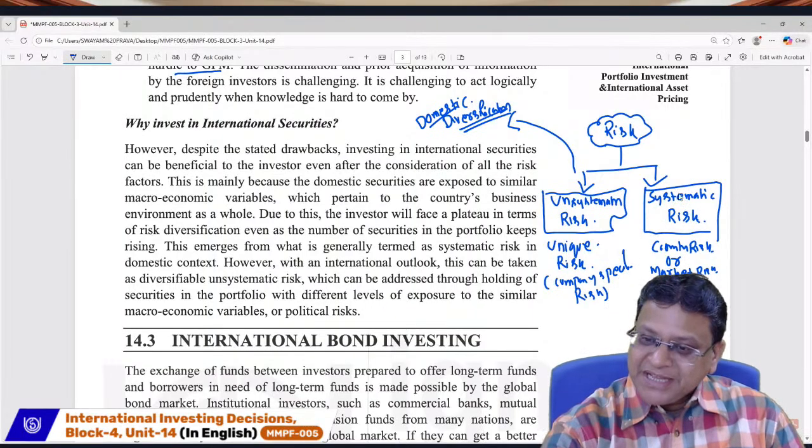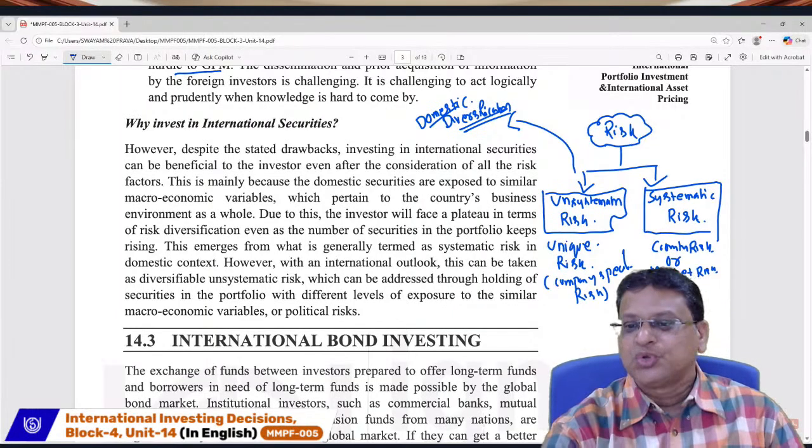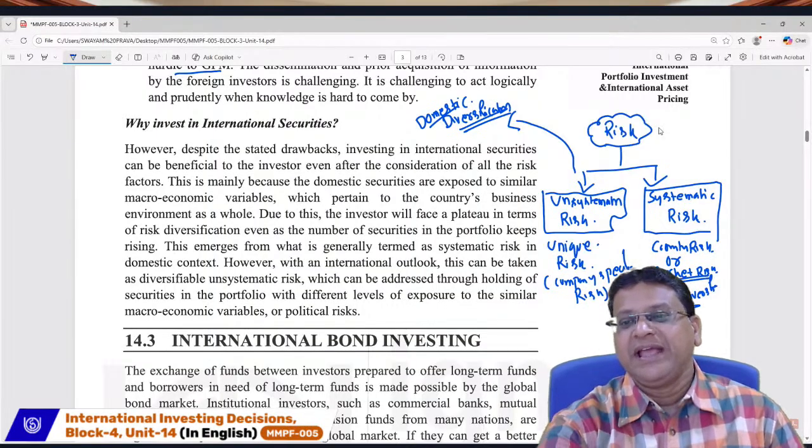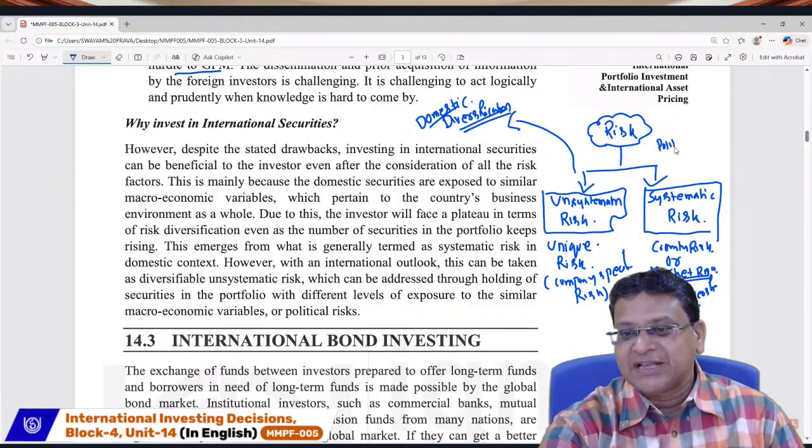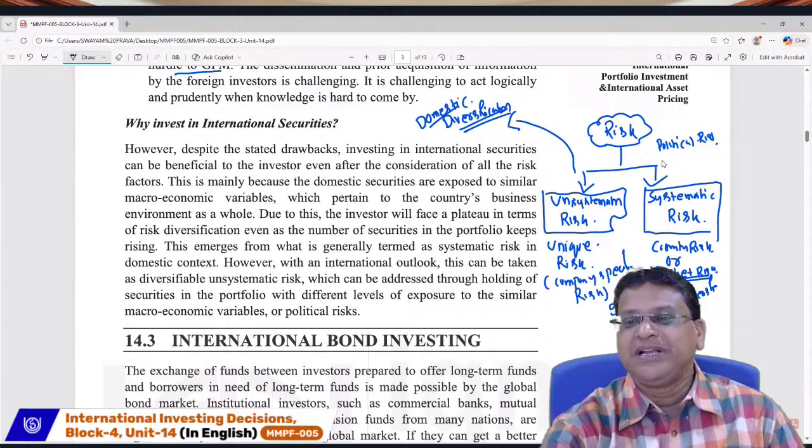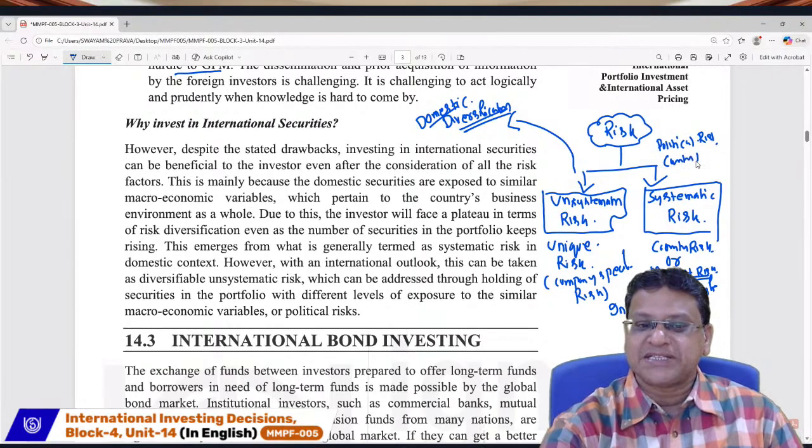Systematic risk can be reduced through international diversification. That means if you take exposure in different countries' markets, you can insulate yourself from the market risk of a particular country. Hence, the political risk or country specific risk can be reduced through international investment.